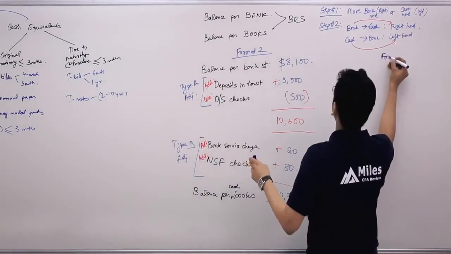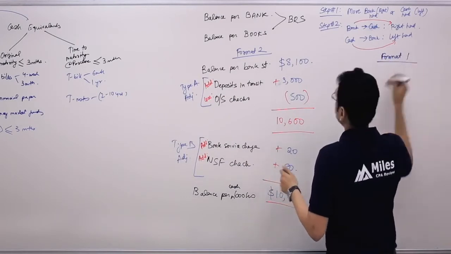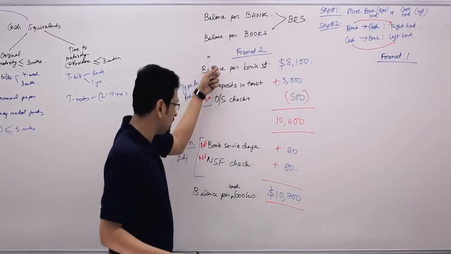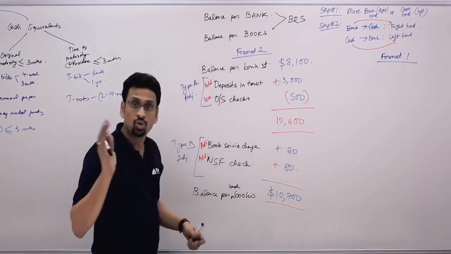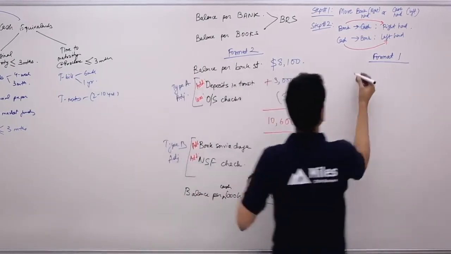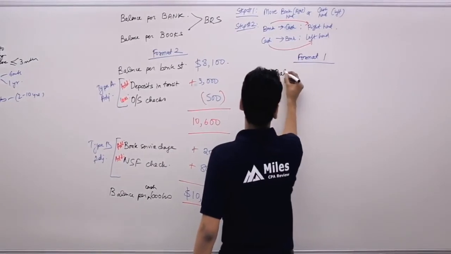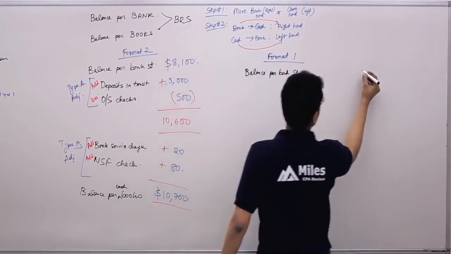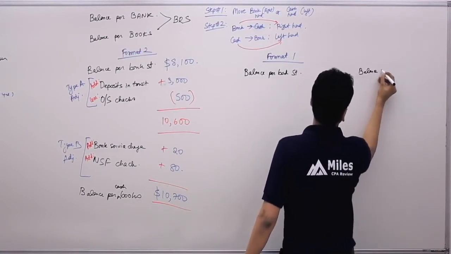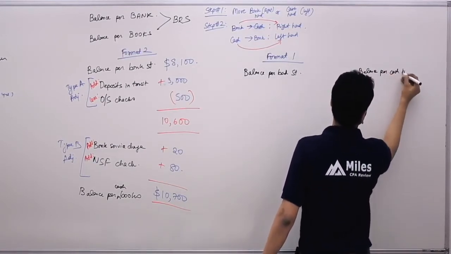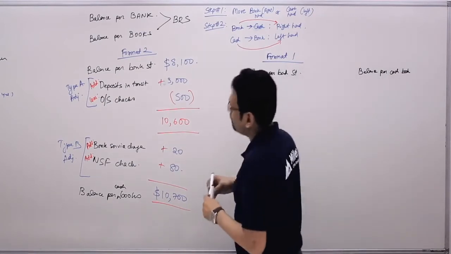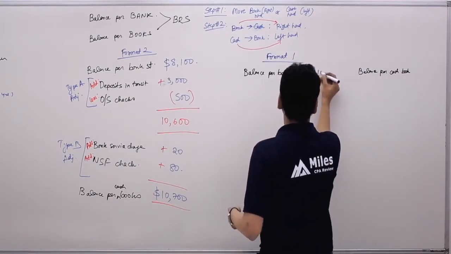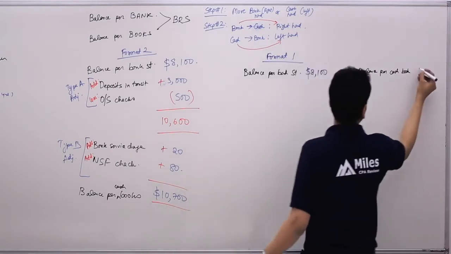So you have format 1. And the way you'll do it is, you'll list down both the balance per bank statement and the balance per cash book. So let's get on the board there. So you have balance per bank statement and you have balance per cash book. So the balance per bank statement, that is 8,100. The balance per cash book, that's 10,700.